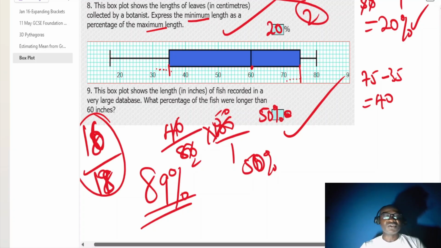I think you did a very noble work here. On this note, we will stop here. We just worked on what we learned last time, which is box plot, and your percentage proved that you understood the concept and the reading of box plot.